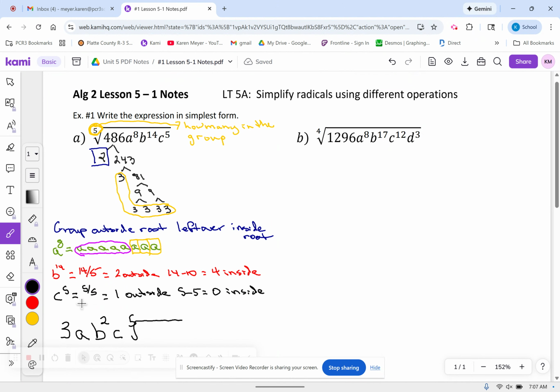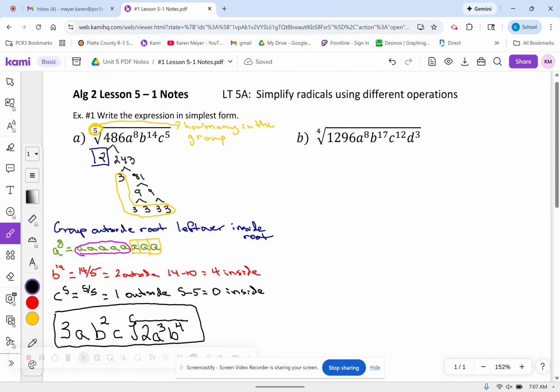Please make sure you put a little index number of 5 there. On the inside, our leftover number was 2. For the a's, we had 3 a's left over, so that's a to the 3rd power. For b, we had 4 b's left over, so b to the 4th power. And for c, there were 0 c's, so do not write down any c's on the inside, and we are done.